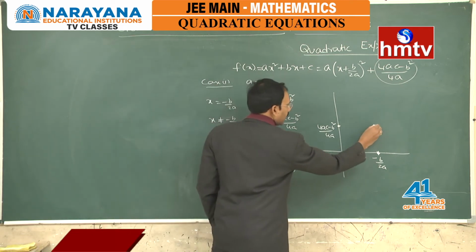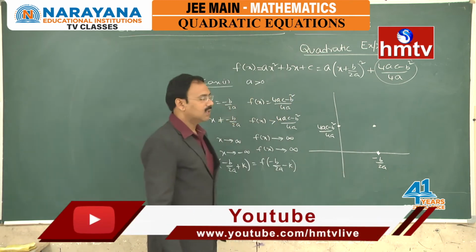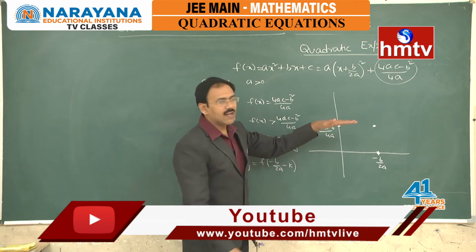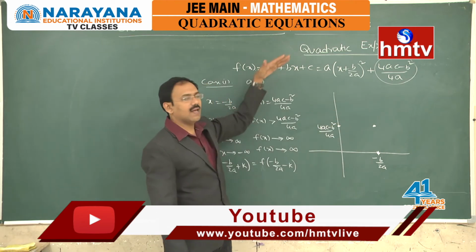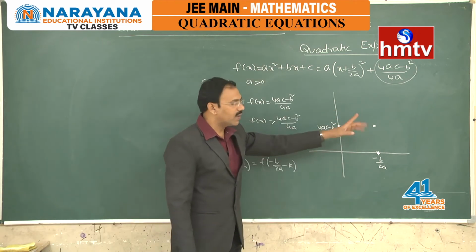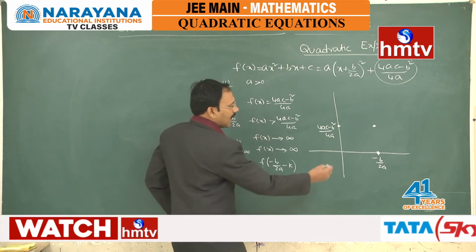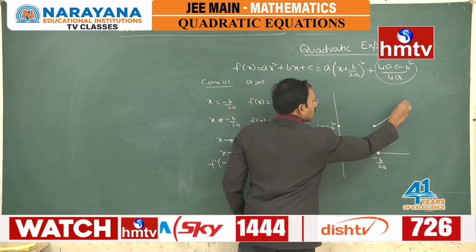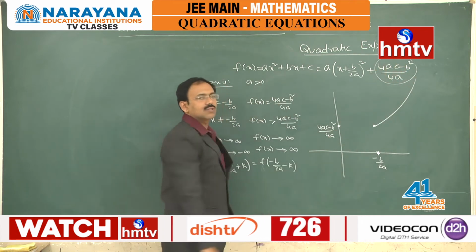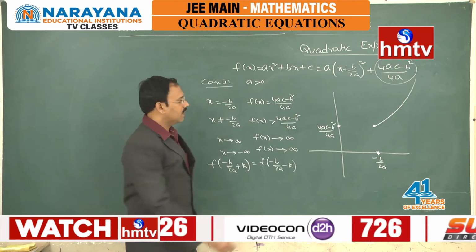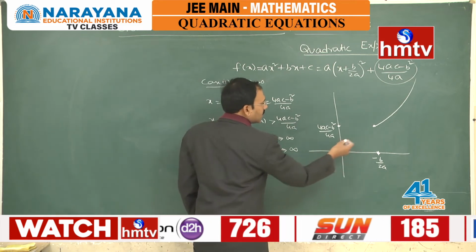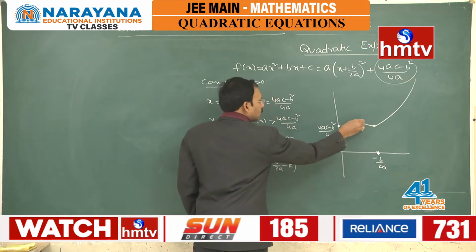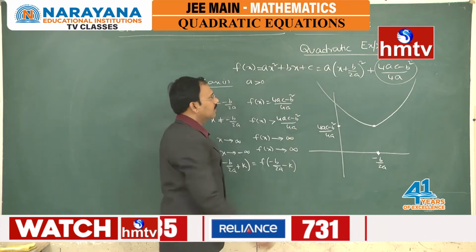So, let us plot this point. Now, for all the x values, the function is more than this value, so this is going to be the minimum value. As x is taken this side, it will be more than this, and as x tends to infinity, it goes to infinity. Even from the left side of this, it will go to infinity itself.